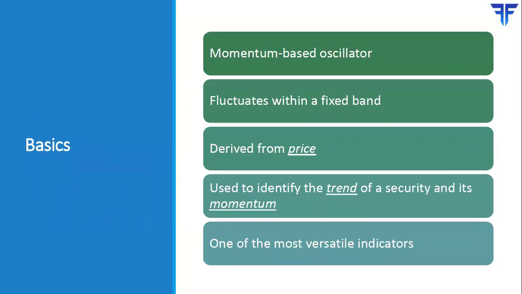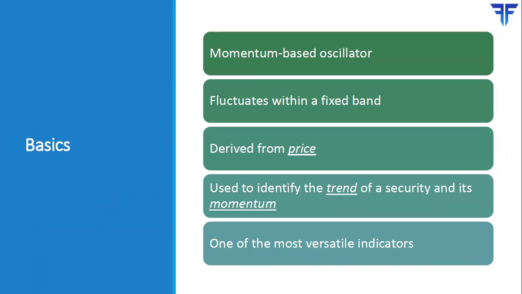So let me start by talking about the basics of the RSI indicator. The first thing you need to keep in mind is that RSI is an indicator that measures the momentum of the price of a security. It calculates the momentum or the velocity of the trend of a security. That is the foremost purpose of RSI.